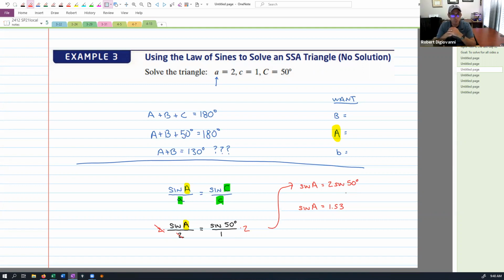Now, something weird is about to happen. If we were to try and solve for A right now, this is what Josh was bringing up. Could we use the inverse sine or the arc sine? Yeah, if we want to get A out of the sine, we could take the arc sine of the left side, equals, and then arc sine of the right side.